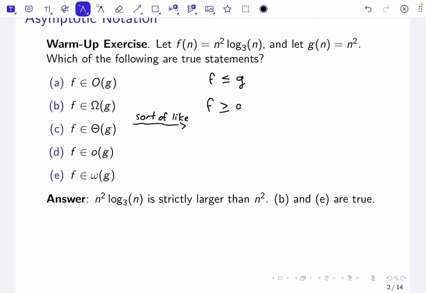Big omega is like greater than or equal to. And these are in terms of asymptotic growth. Another term for this is limiting behavior: basically, how it acts as its input n goes to infinity.